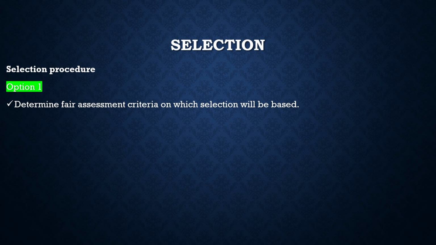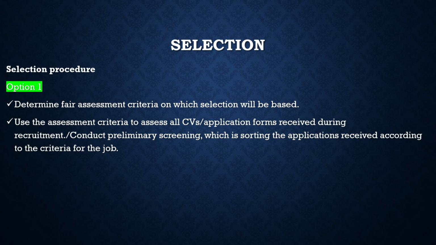For the selection procedure, we have option 1 and option 2. With option 1, it determines fair assessment criteria on which selection will be based. It uses the assessment criteria to assess all CVs and application forms received during recruitment.